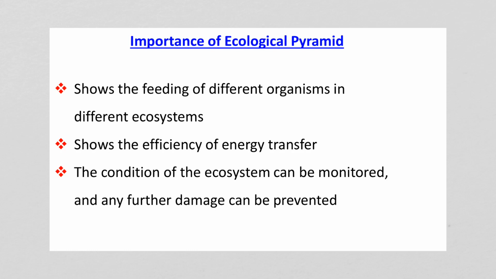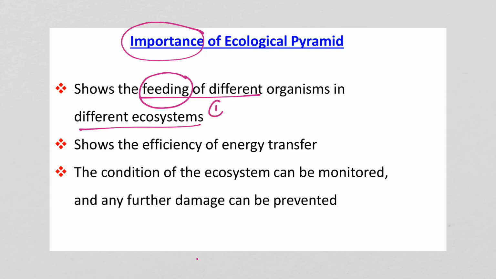Now let's come to the importance or the significance of the ecological pyramid. It shows the feeding of different organisms in different ecosystems, how different organisms are fed upon each other. Secondly, it shows the efficiency of energy transfer.